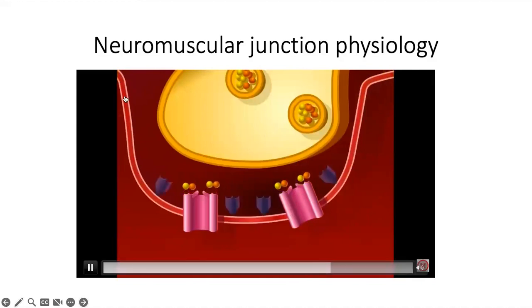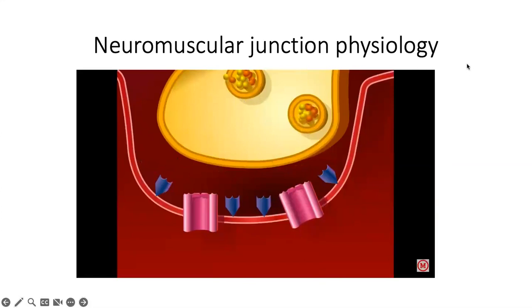This then leads to a depolarization. The depolarization leads to the muscle contraction. Then the acetylcholine is broken down by acetylcholinesterase into choline and acetic acid. Then there is this recycling process, and the process starts again. So this is the normal physiology that takes place when muscle contraction takes place at the neuromuscular junction.